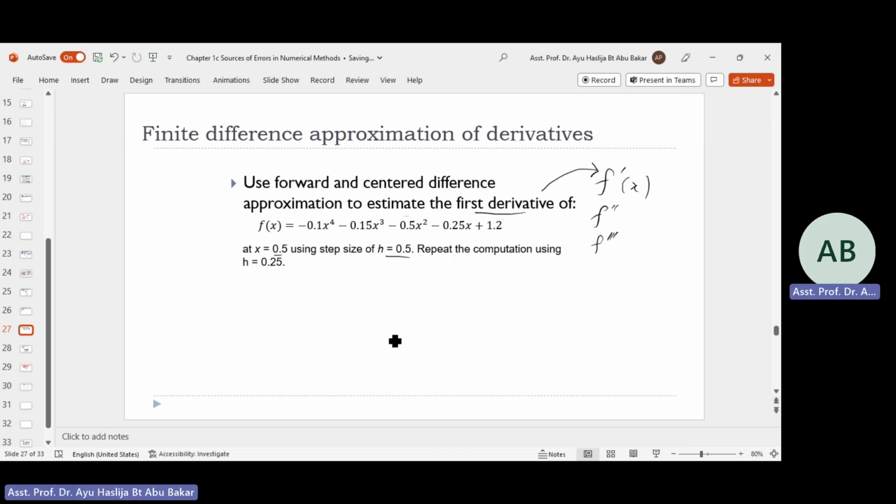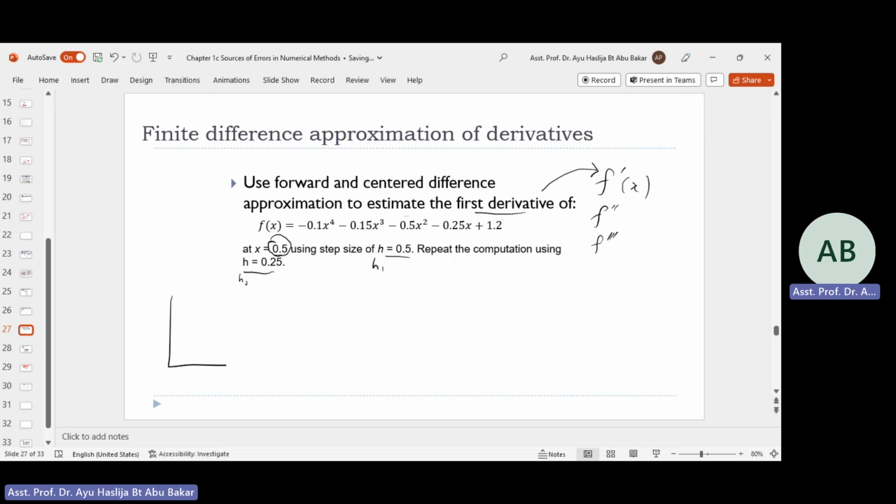It asks you to repeat the computation using a different, smaller step size. We have h1 over here and two different step sizes. Now to find f(x) at 0.5.